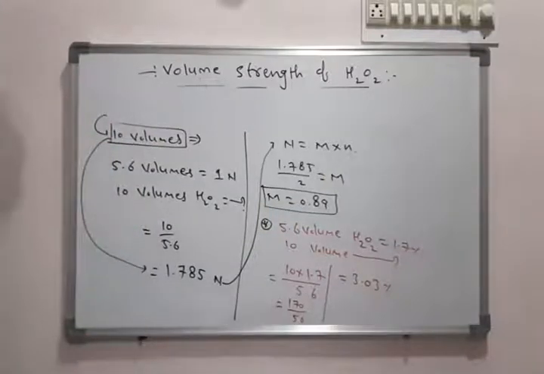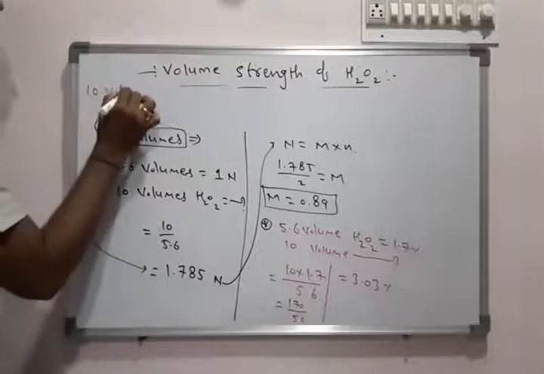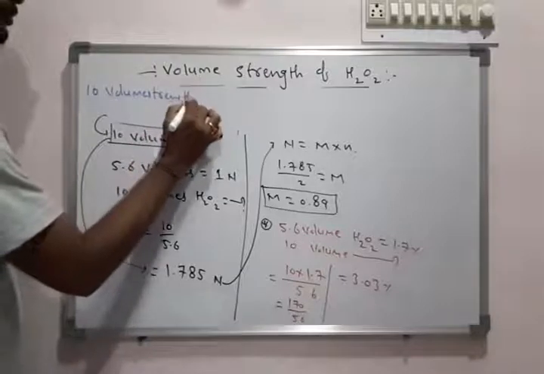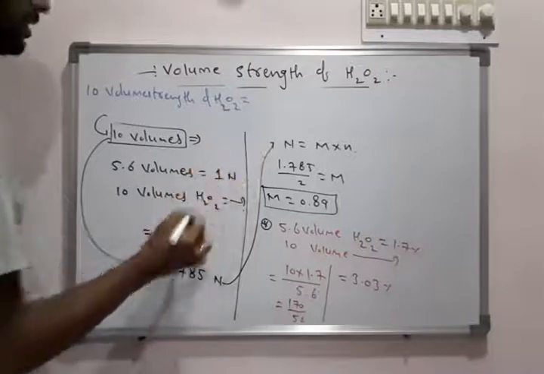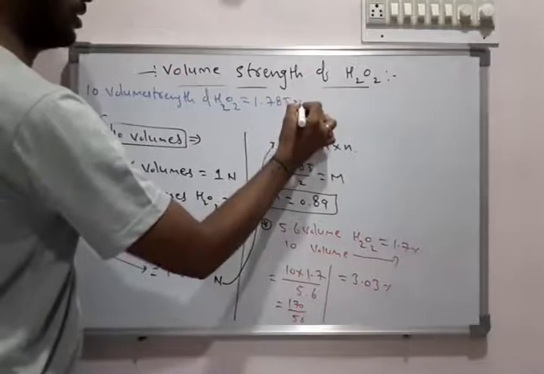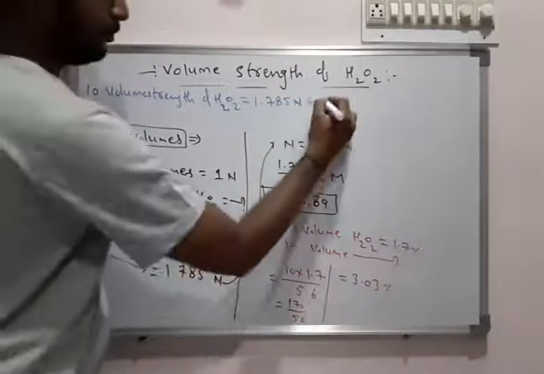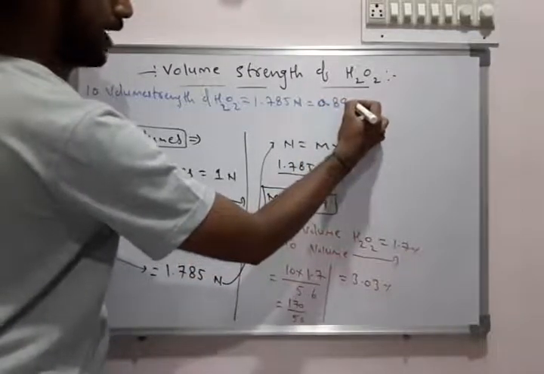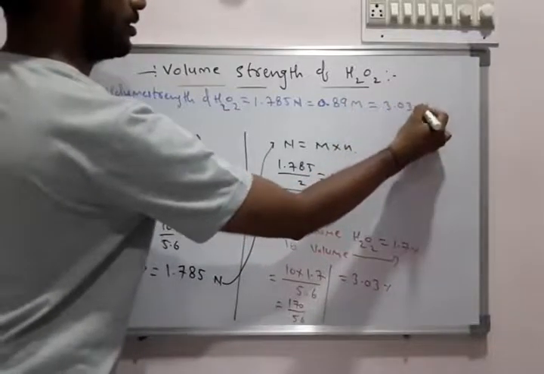So from now we use these calculations. 10 volume strength of hydrogen peroxide is equal to 1.785 normality, which is equal to 0.89 molarity, which is equal to 3.03%.